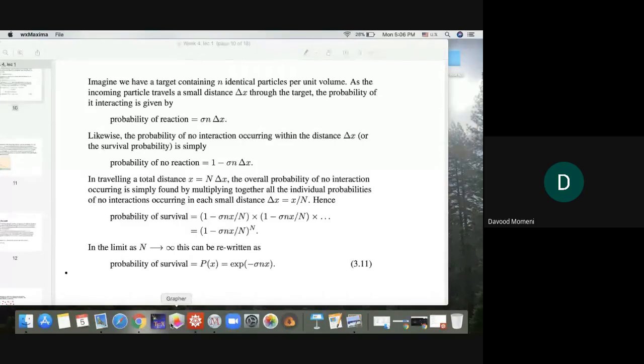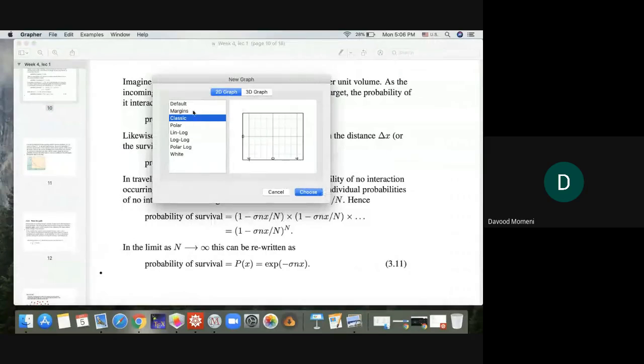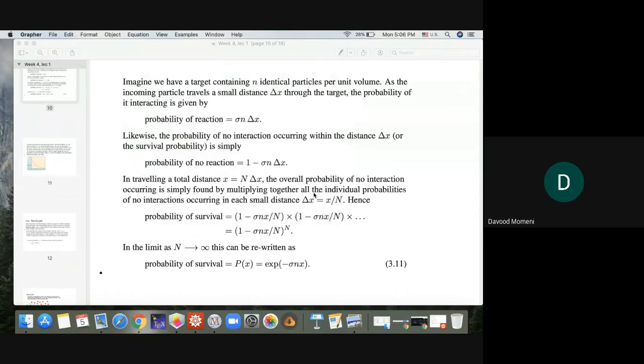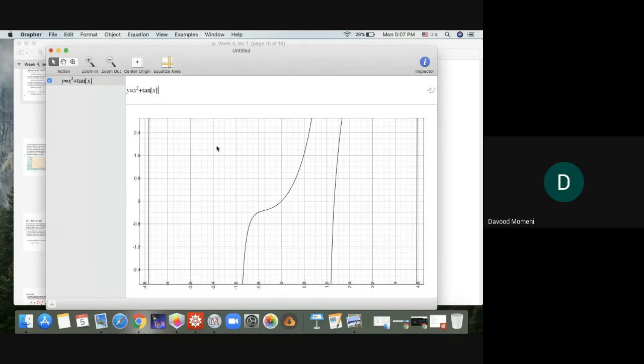Grapher is free software, and you can plot any function as you wish, for example a classic two-dimensional function. Give the function and it will be plotted for you. So for plotting, you don't need to be worried.